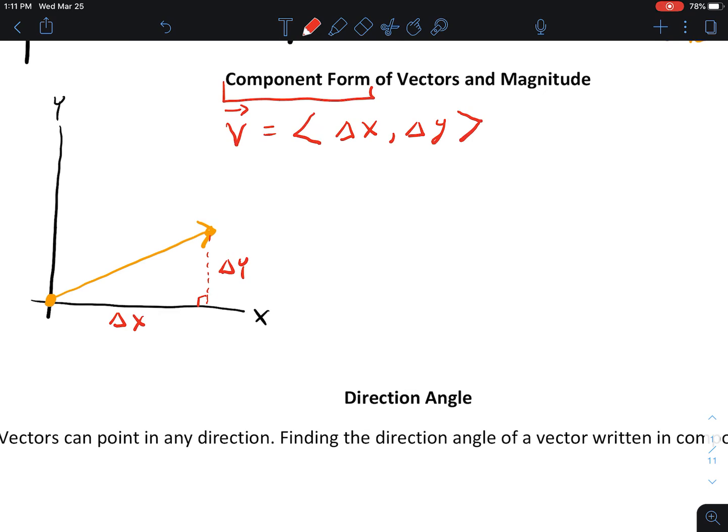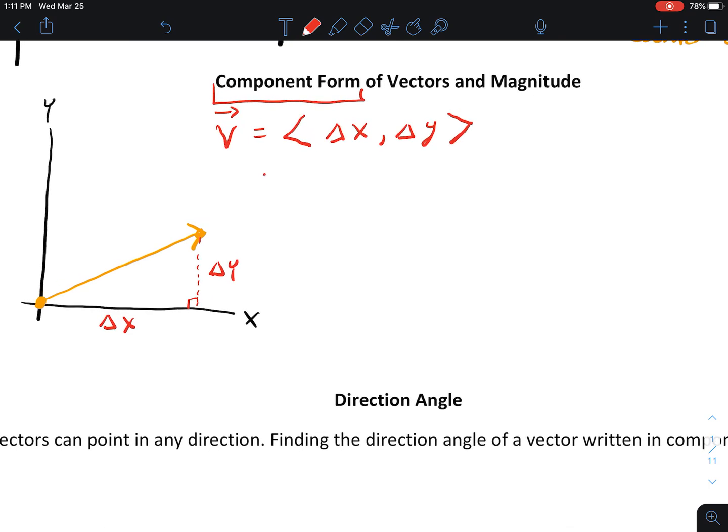And the magnitude of a vector, which there's various notations for it. A vertical line around vector v, it's not necessarily the absolute value in context of vectors. Sometimes you'll see double bars. It still means the same thing.